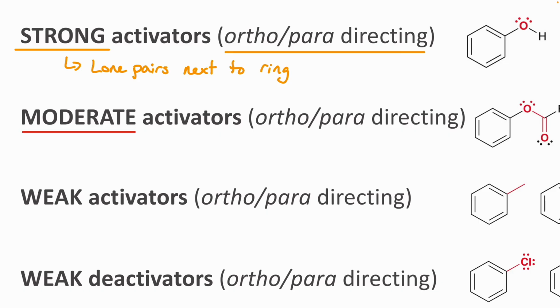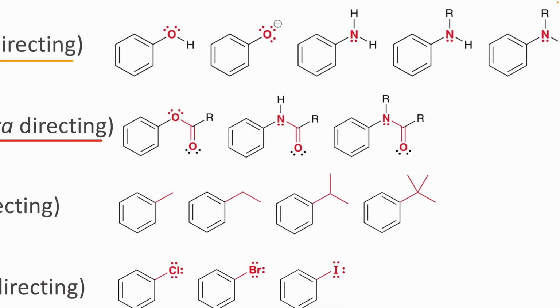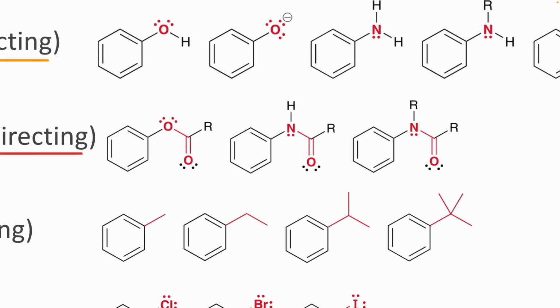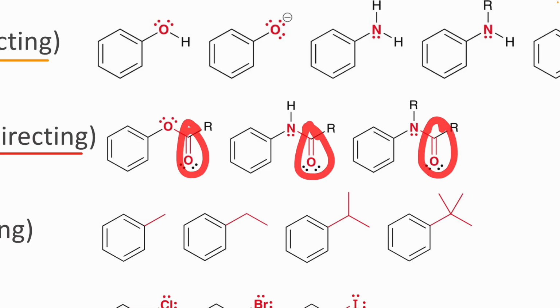Our moderate ortho-para directors. At first glance, they also have those lone pairs directly next to the ring, but what else do they all share in common? That carbonyl group on the other side. And what do we know about carbonyl groups? Are they electron donating or electron withdrawing? Withdrawing.